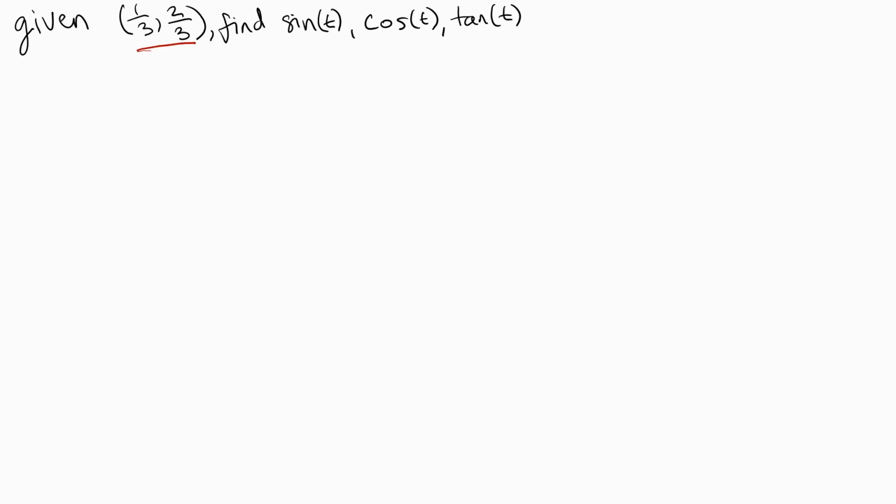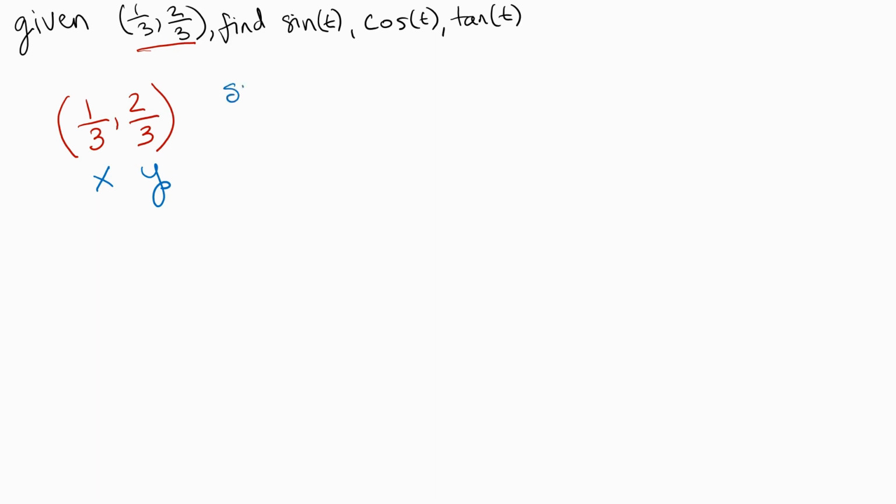So the first thing we're going to do is rewrite this point and label it. So this is our x value, this is our y value, right? And then let's go through our sine, cosine, tangent.